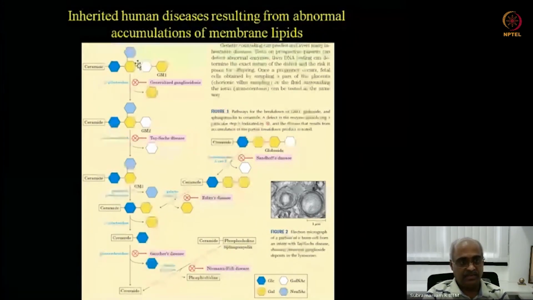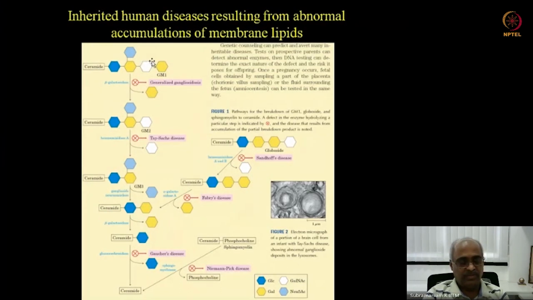So here the breakdown of specific polysaccharides, specific carbohydrate, sugar moieties from this long chain is catalyzed by specific enzymes. For example, from this ganglioside, remember, ceramide with the oligosaccharide is what we learned as ganglioside, you have a beta galactosidase enzyme that removes this particular sugar.